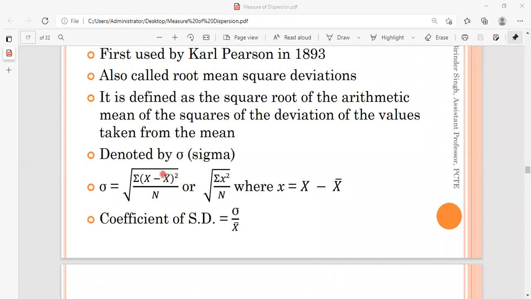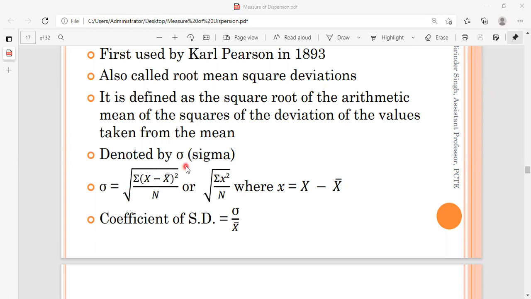This is the deviation of the data points from the central value, which is the arithmetic mean. If you square all the deviations and sum them together, that will be the sum of the squared deviations. Once we divide the sum of the squared deviations by the total number of data points, it becomes the mean of the squared deviations.